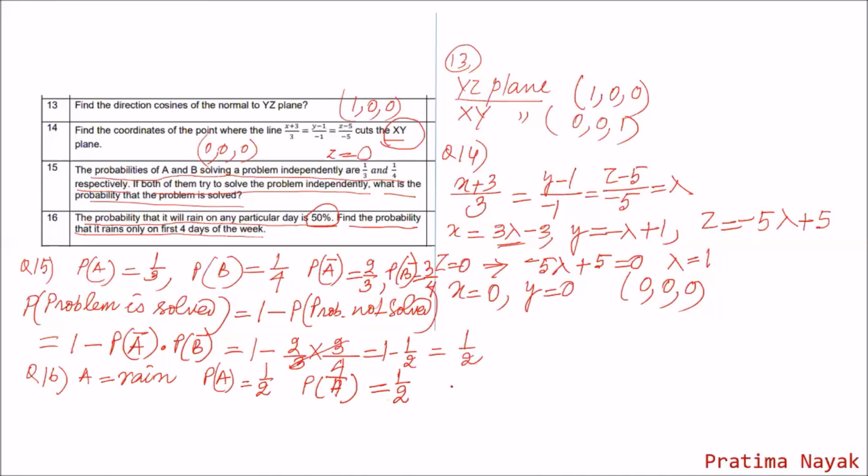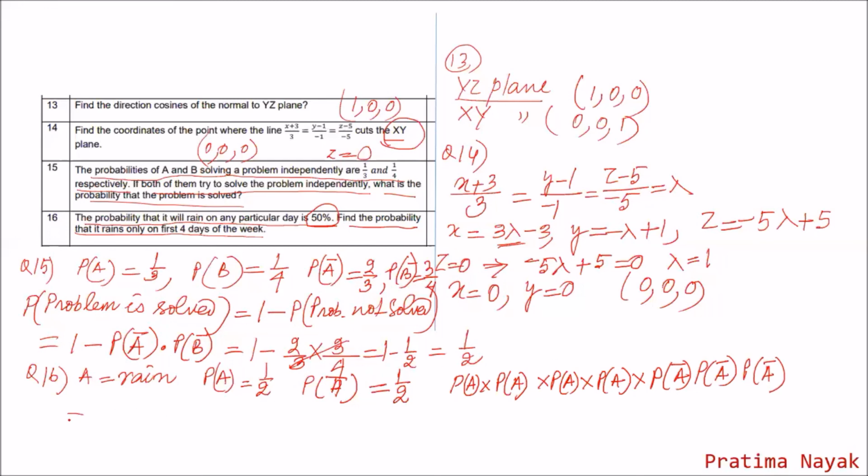If we start the week from Monday, probability of raining on Monday, probability of raining on Tuesday, probability of raining on Wednesday, probability of raining on Thursday. And next will be not raining, and not raining. I have written so much to make you understand.